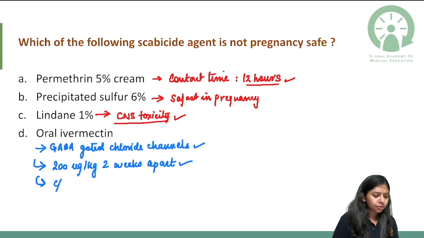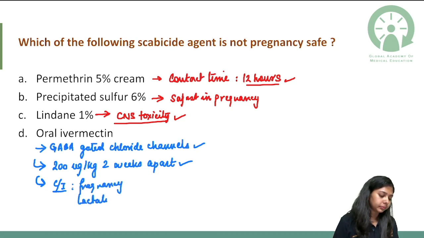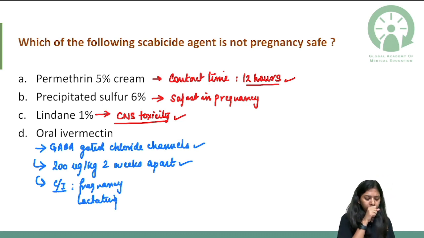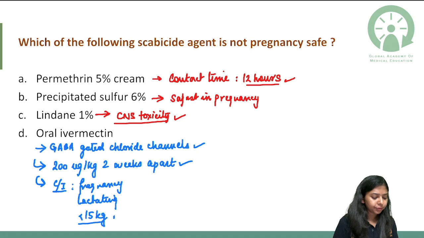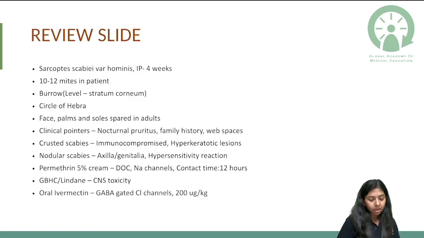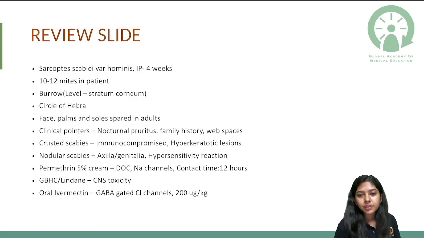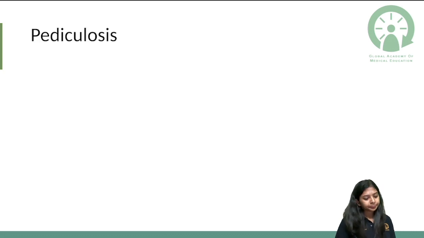And of course, I told you it's contraindicated in pregnancy, lactation, and in patients who are weighing less than 15 kg. So this is a review slide of scabies having all pertinent points, which you can get as MCQs for scabies. So please take a screenshot and you can revise it later on, right?